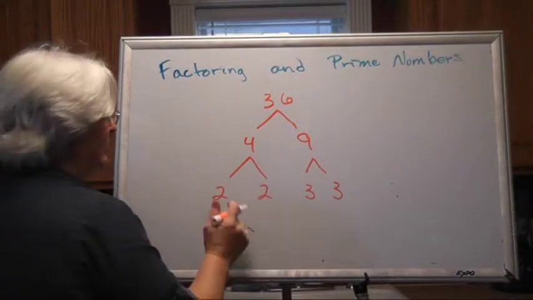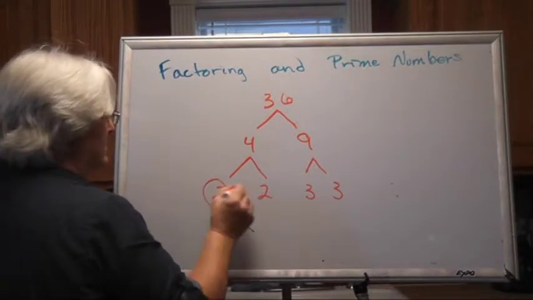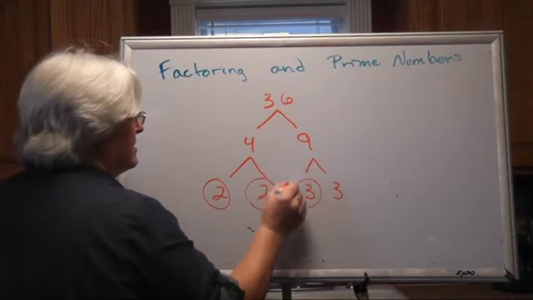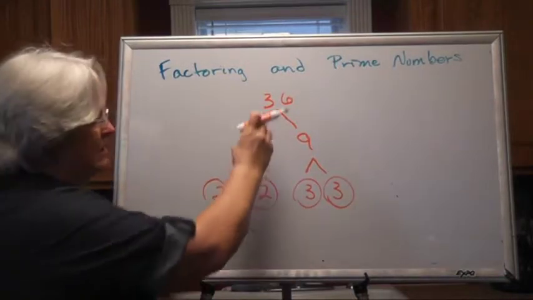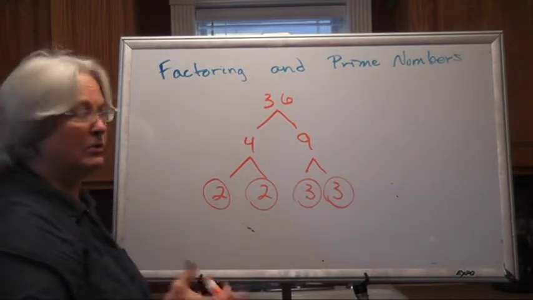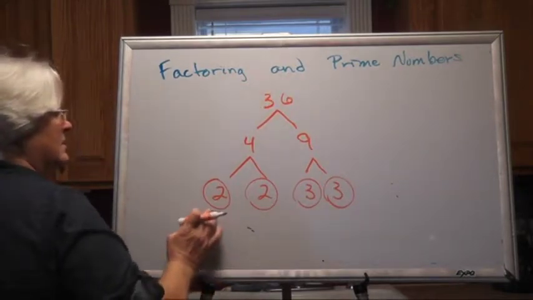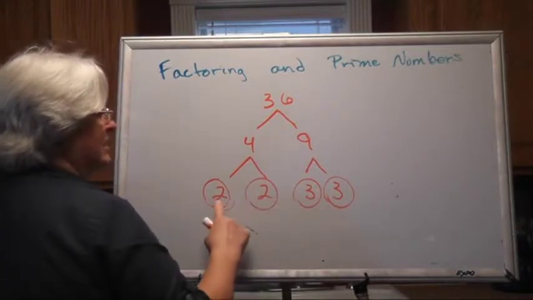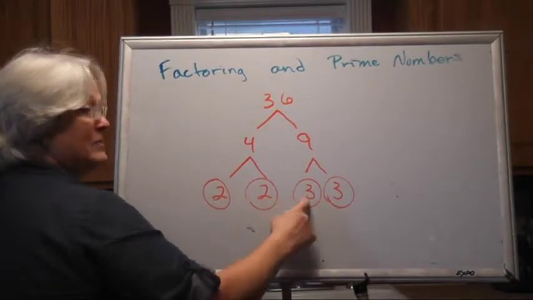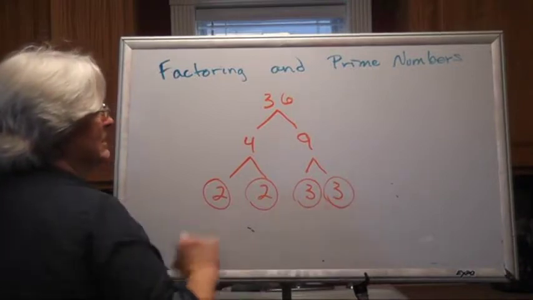We want to keep factoring them until the numbers at the very end of each stem, if you will, they're all prime numbers. And this would be 2 times 2 times 3 times 3. 2 times 2 is 4, times 3 is 12, times 3 is 36.